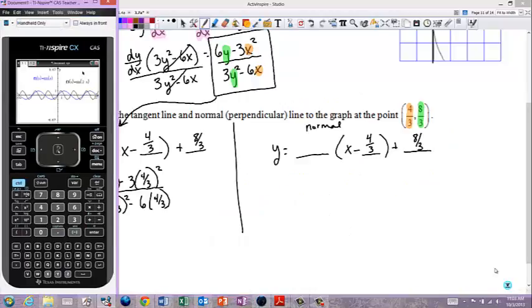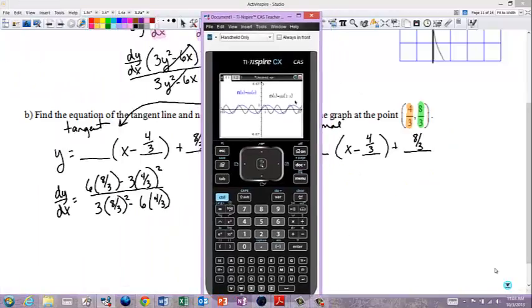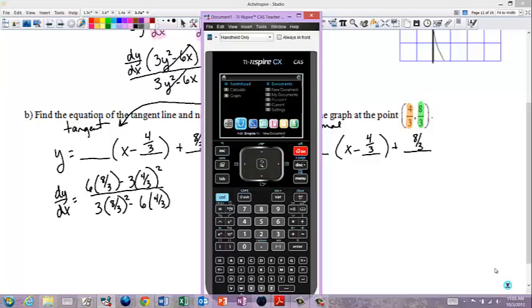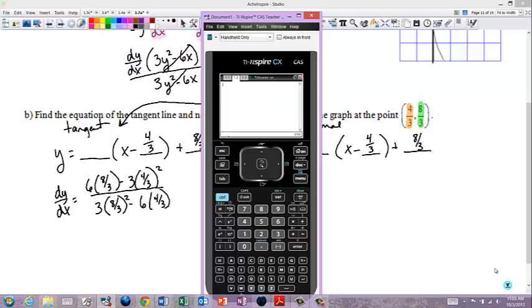View handheld only, just put it right here. Clear, no, new document. Come on, hurry up, calculator. 6 times 8/3 minus 3 times 4/3 squared. Did I do a bracket? I'll be darned, I did. Parentheses. No, I didn't. Okay, never mind.